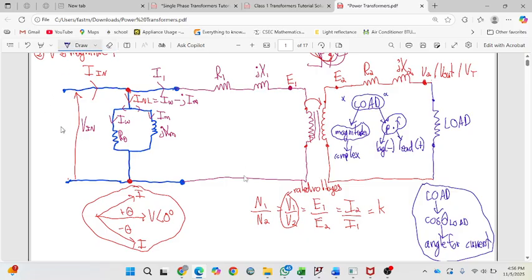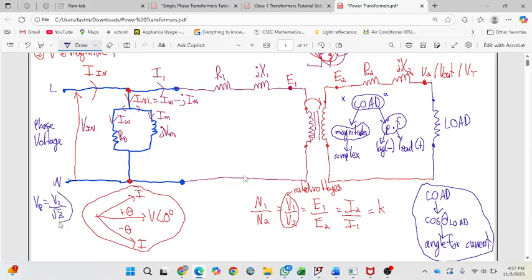So the VN will basically just be the phase voltage. You have your neutral and your line, which you all know already. I don't think you all need to know how to go from a line to a phase, but just to write it down, V phase is V line over root 3.